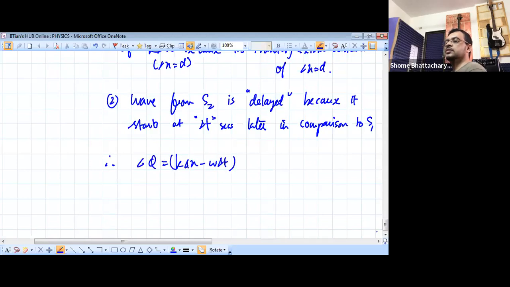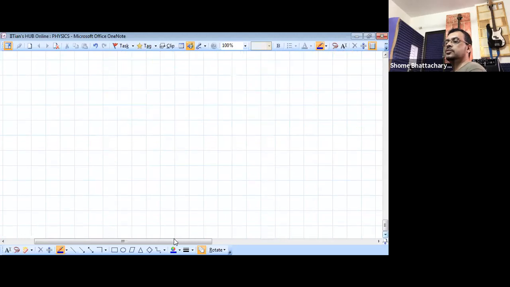Whereas suppose we had a situation where S1 was started at t equal to delta t and S2 was started at t equal to 0. Then in this case what would have happened?